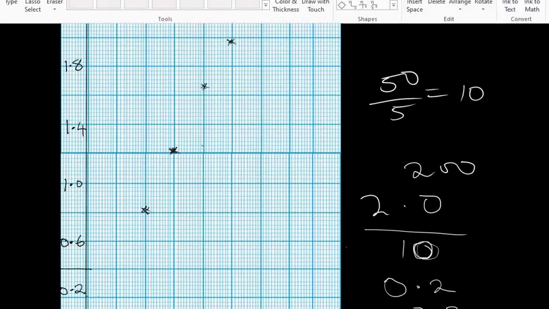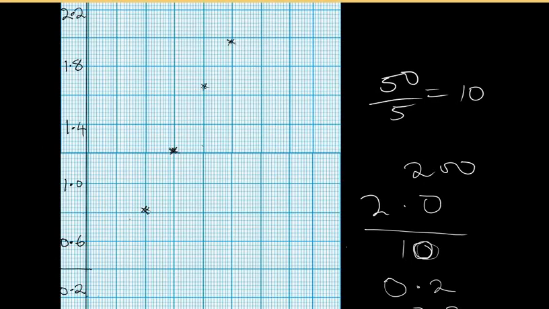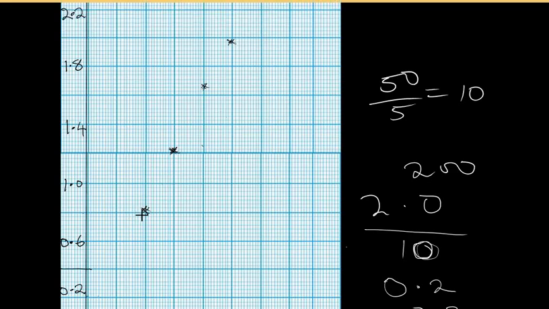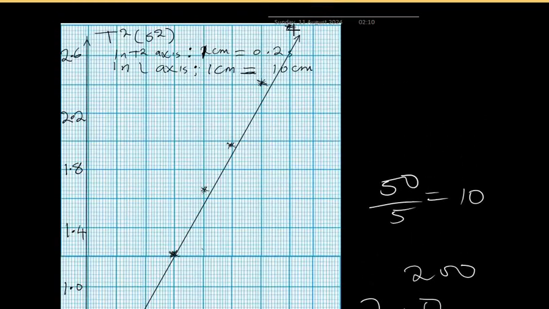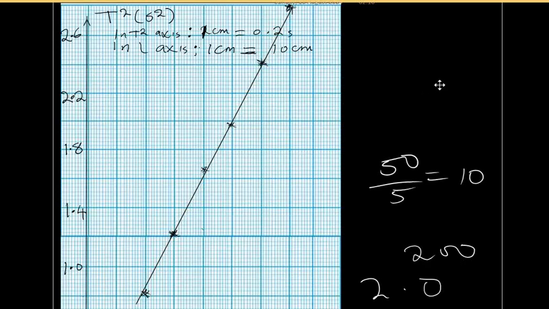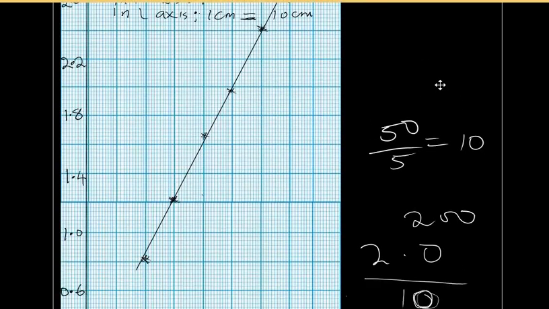Okay, here we go. Of course, you know that you use a ruler. Something like this. So the majority of the line actually passes through.